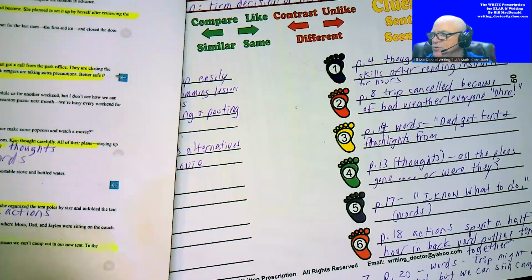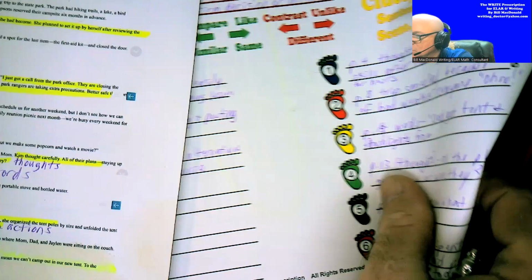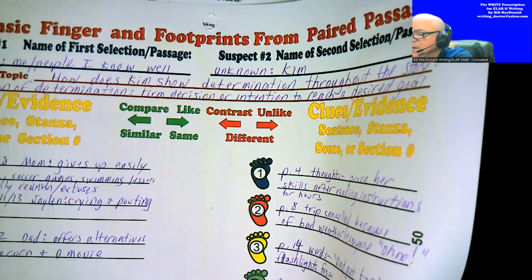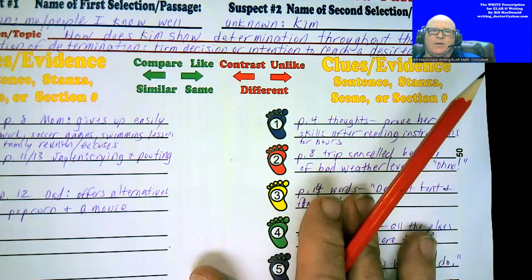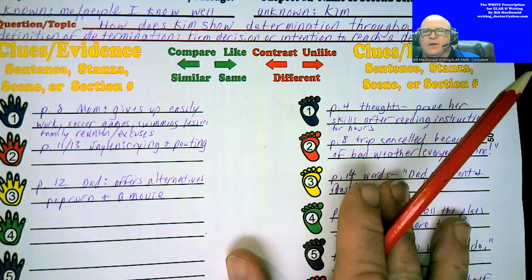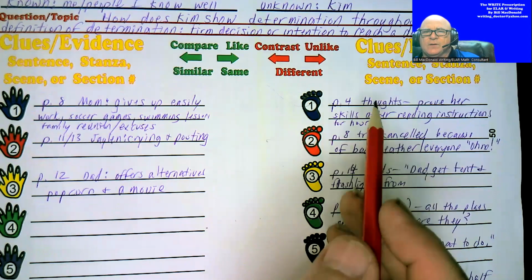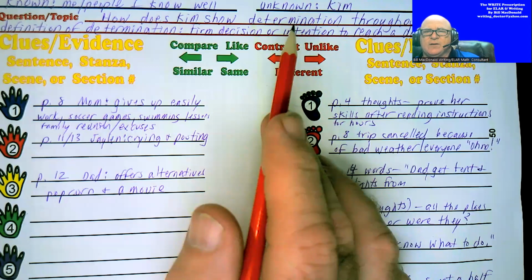So now I'm going to go straight to my forensic footprints page and kind of try to show you my paragraphs. Paragraph 4, Kim, is this right side here.